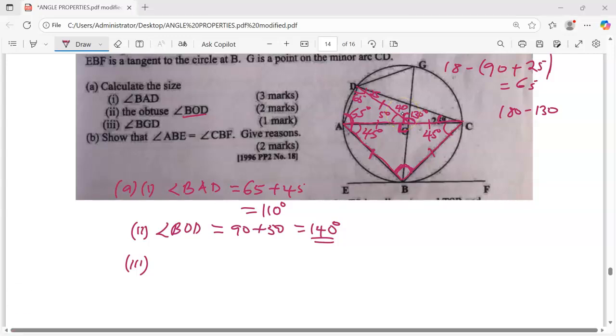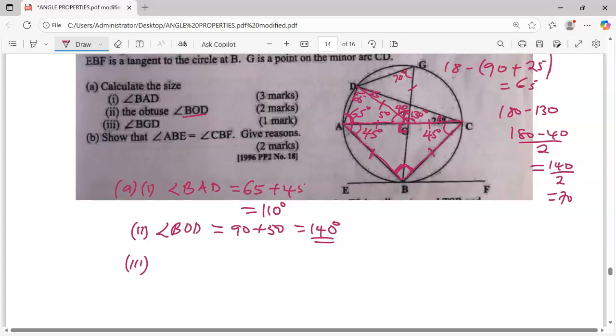So if the angle at this point is 40 and OD is equal to OG, giving us another isosceles triangle, and this is 40 here, meaning the base angles will be equal. We are going to take 180 minus 40 divided by 2. That gives us 140 divided by 2, which is going to be 70 degrees, meaning this is 70 degrees.